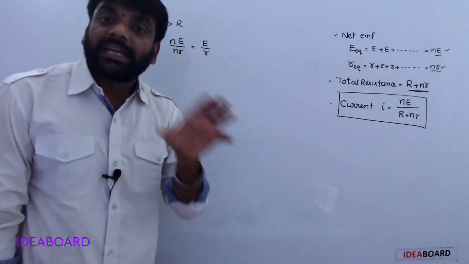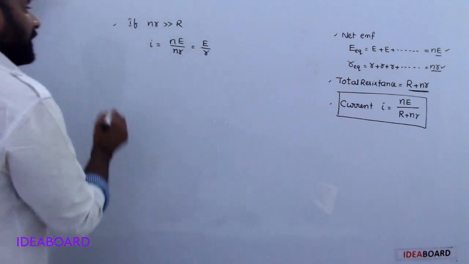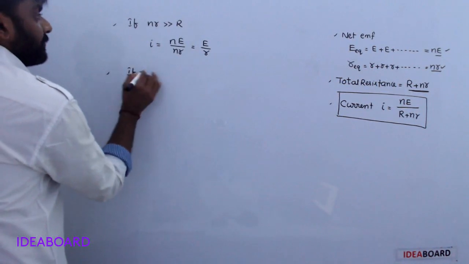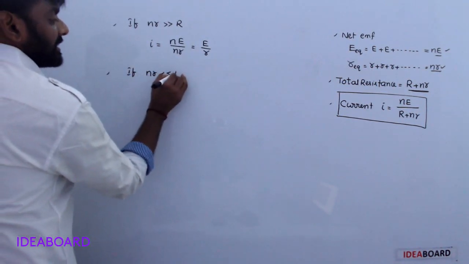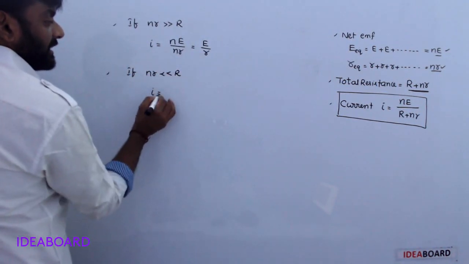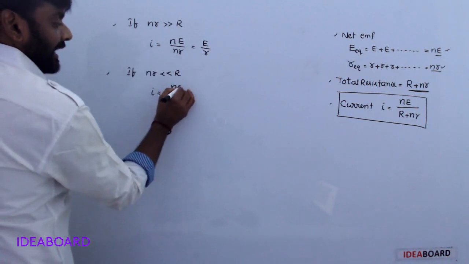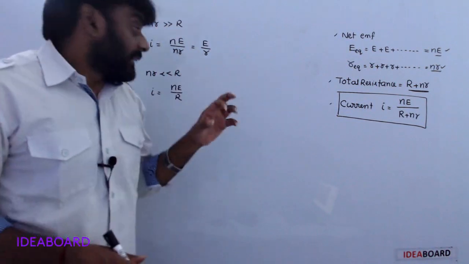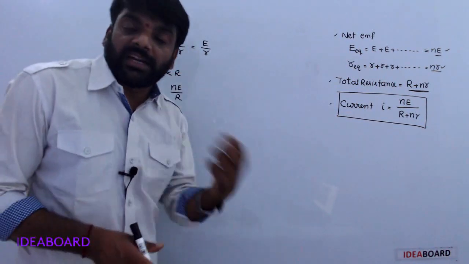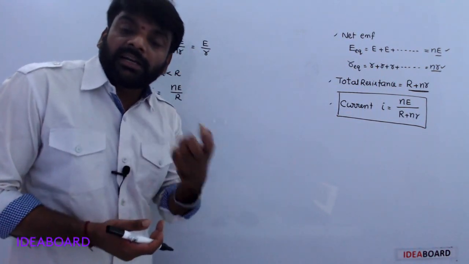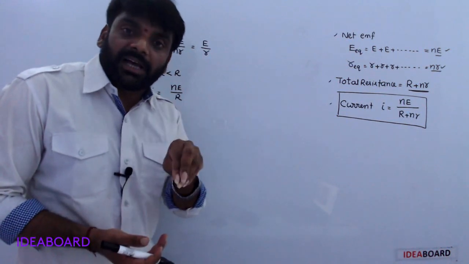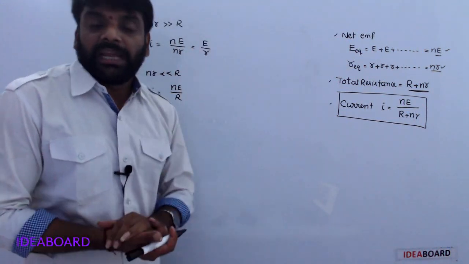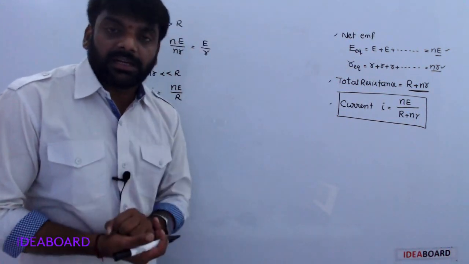Next case, if Nr is very less than capital R, that means Nr is neglected, and I is NE by R. That means if external resistance is more, the drawn current is N times the individual cell current.